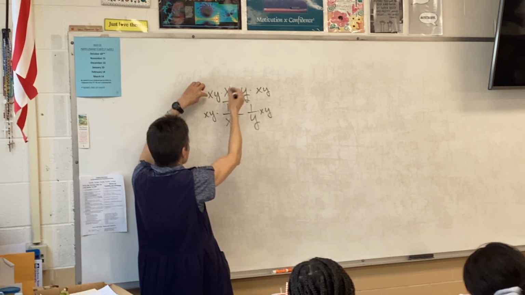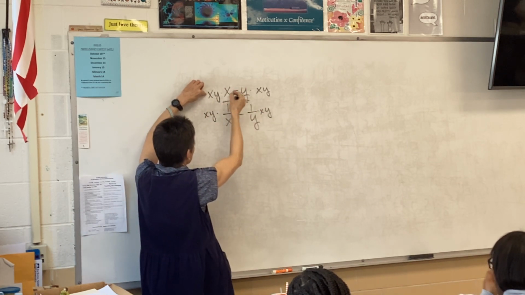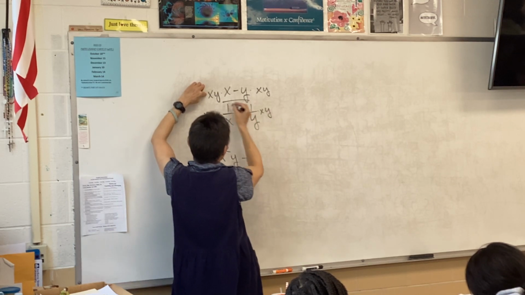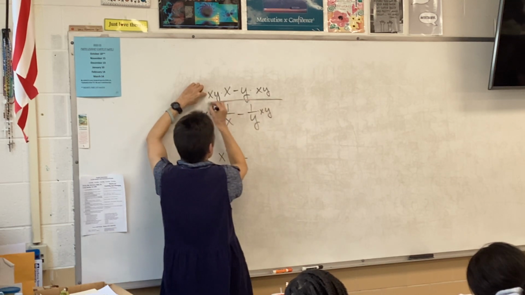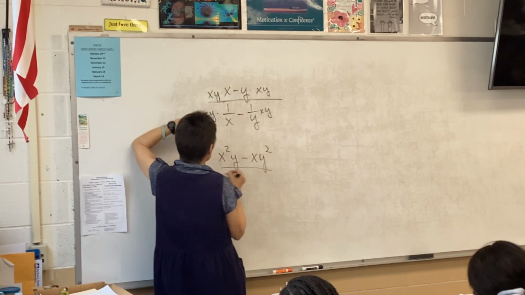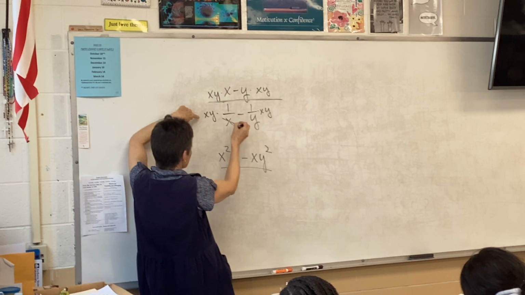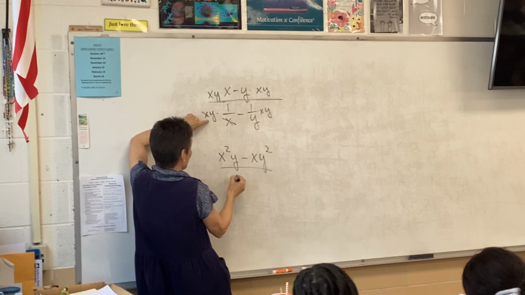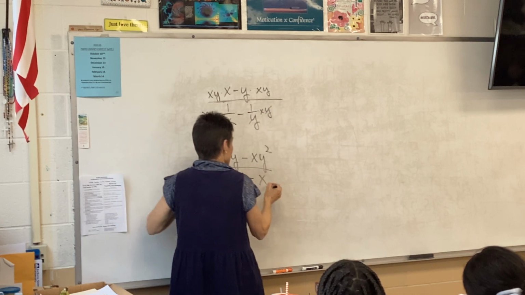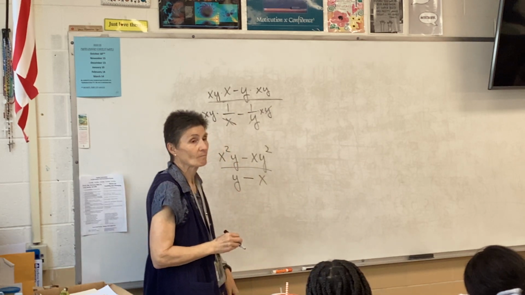So absolutely nothing cancels up here. It's going to be x squared y minus xy squared. But on the bottom now, things are going to cancel. So that's going to cancel with that, and leave me with y minus x. Everybody okay with that?